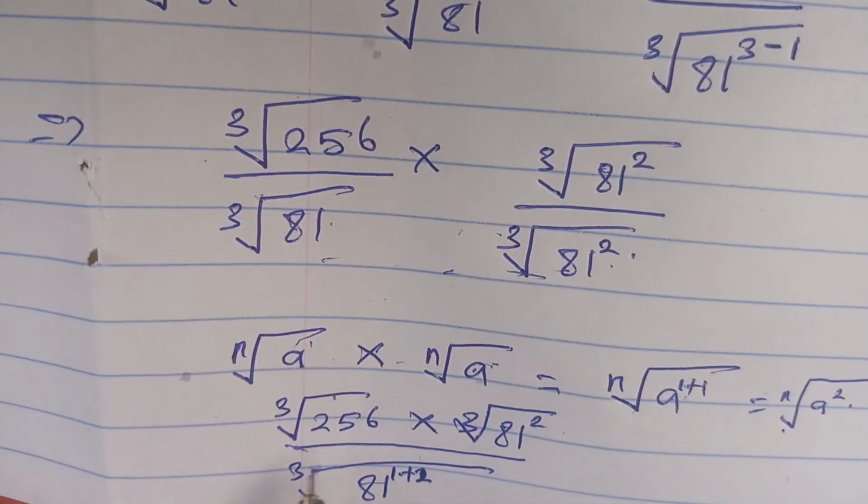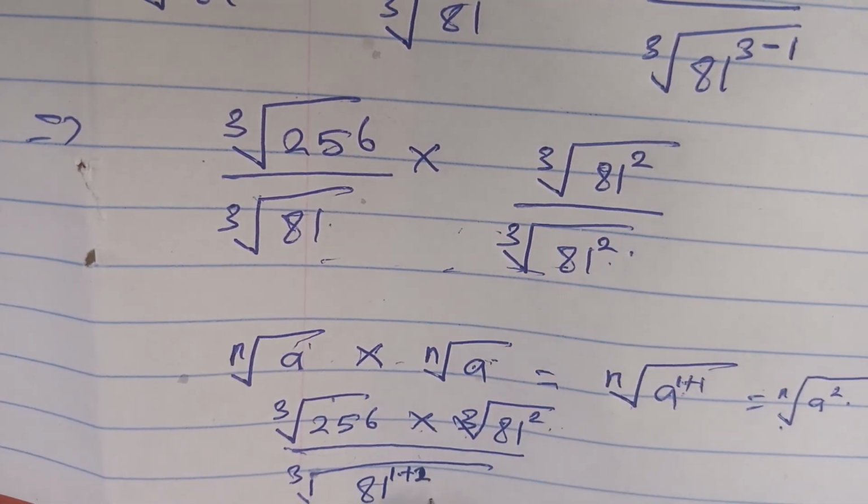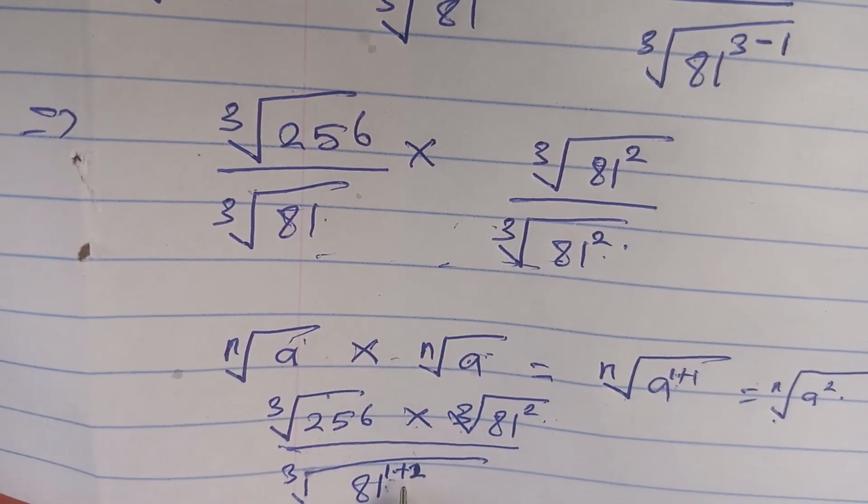So we now have the cube root of 256 times the cube root of 81 to the power of 2 over the cube root of 81 to the power of 1 plus 2.